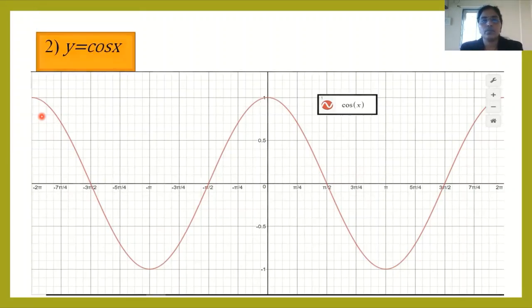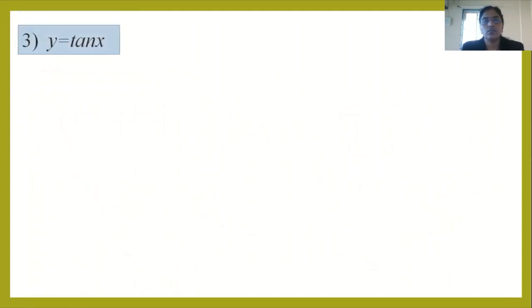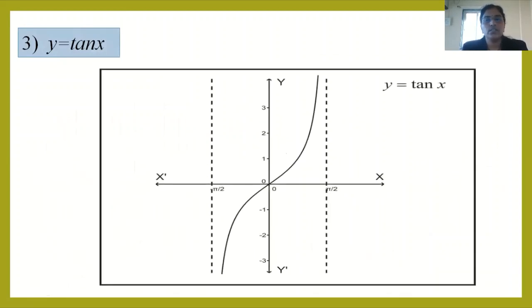Now y is equal to tan x, the graph for the function tan x. This one is the graph for tan x. We know that if x is equal to an odd multiple of pi by 2, that is pi by 2, 3 pi by 2, 5 pi by 2, tan theta is not defined.